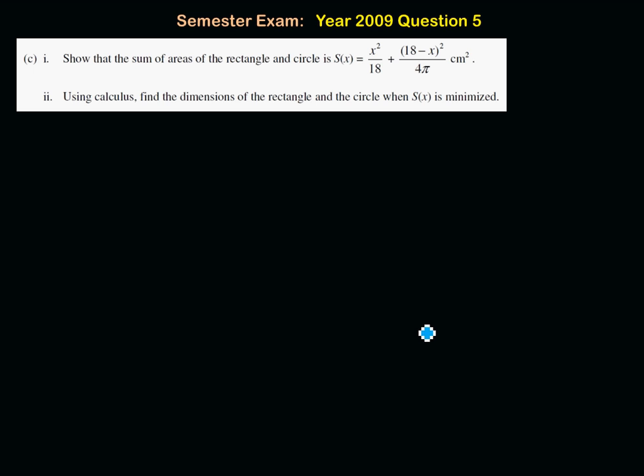Show that the sum of the areas of the rectangle and circle is this. The total area is the area of the rectangle plus the area of the circle. The area of the rectangle is width times length, and the area of the circle is pi r squared.